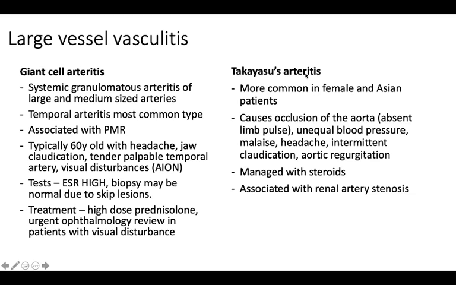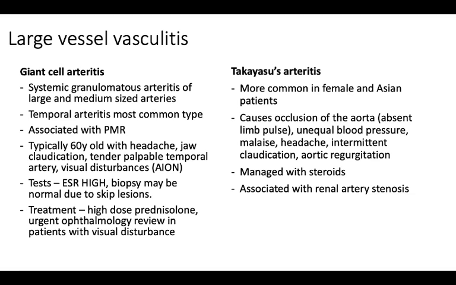So now we have Takayasu's arteritis, which is more common in patients of Asian ancestry, and also more common in female patients. What happens here is that there is occlusion of the aorta, which might lead to the patient presenting with an absent limb pulse or unequal blood pressure.